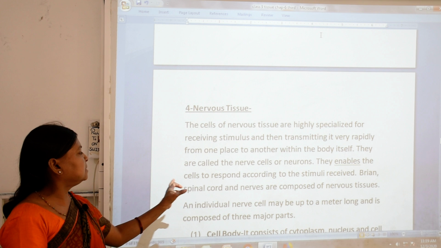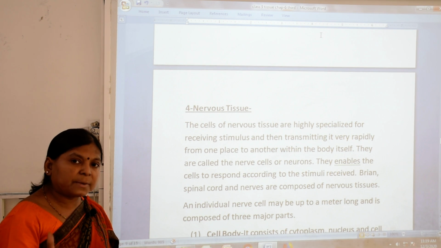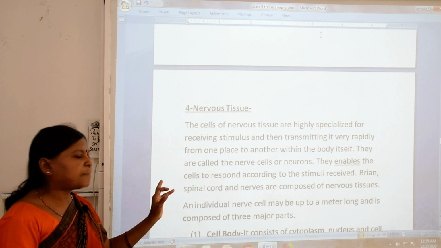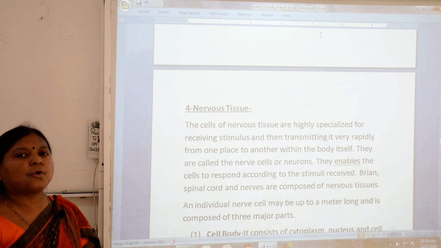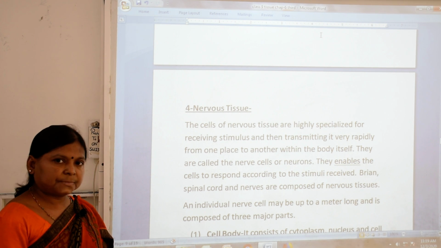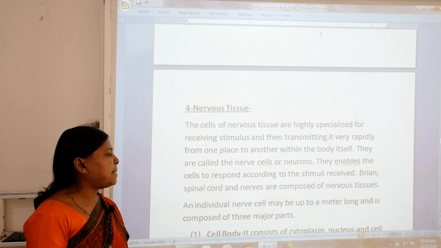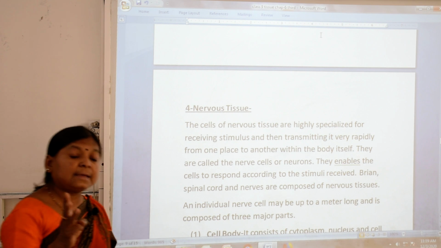They enable the cells to respond according to the stimuli received. Brain, spinal cord and the nerves are all composed of nervous tissue. An individual nerve cell can be up to a meter long and is composed of three major parts.